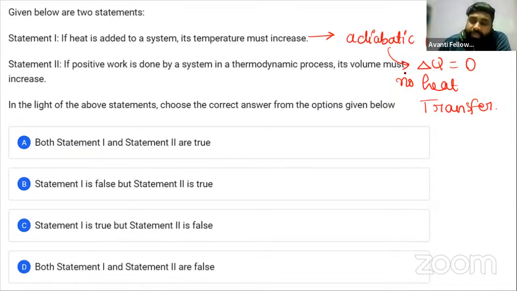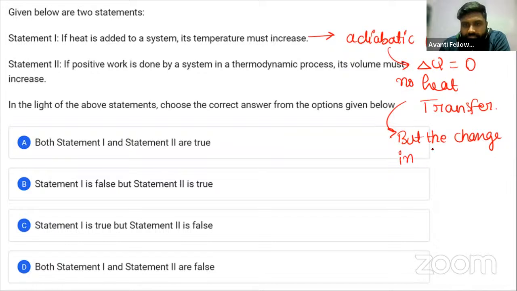But we have seen that in adiabatic process, the change in temperature is possible.